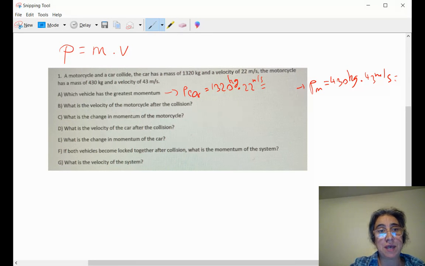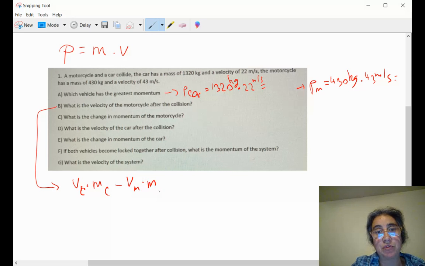So the formula says, and I'm going to continue right on the bottom here, the momentum for the first object, let's start with the car, it really doesn't matter, I'm going to put C for the car, take away the momentum of the other object, which is the motorcycle, so I'm going to say M for the motorcycle, has to be equal to the final velocity of the system times the total mass of both objects.